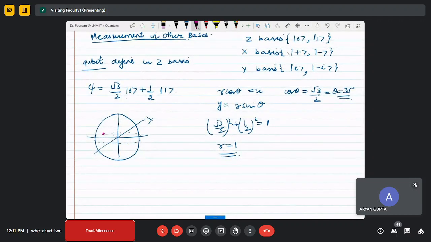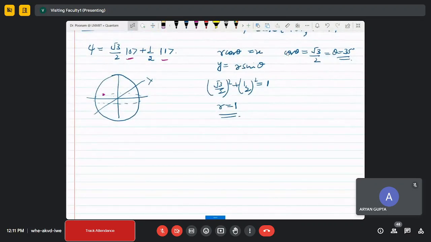x-axis basis. That means in this point, z-axis bases are coming. I have to represent the coordinate now in the plus, minus, or x-axis basis. So how is it done?